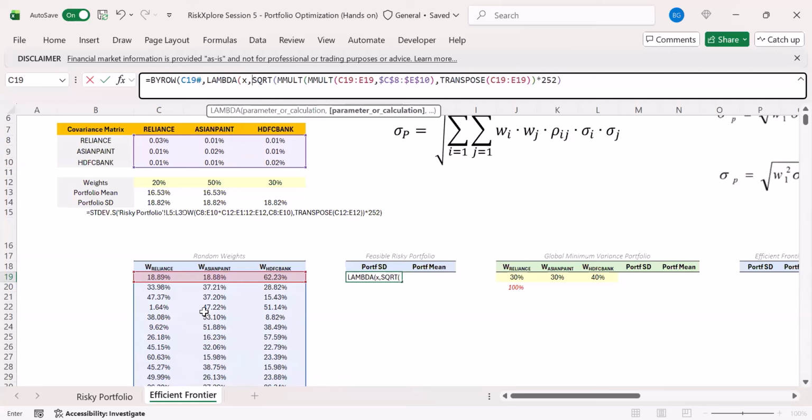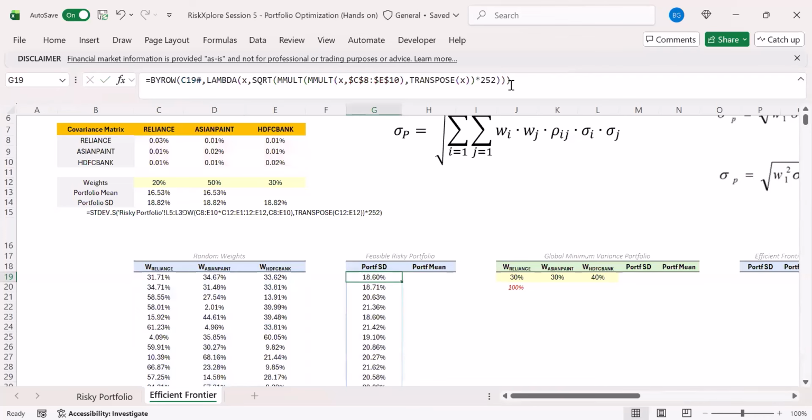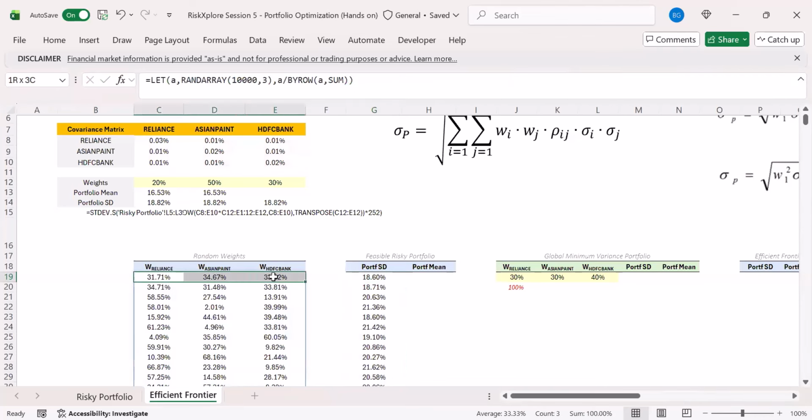Now instead of referring to this row statically here, we will say that this is x, and similarly this is x here. Close the brackets, and we have portfolio SD for each of the rows, for each of the portfolios here.